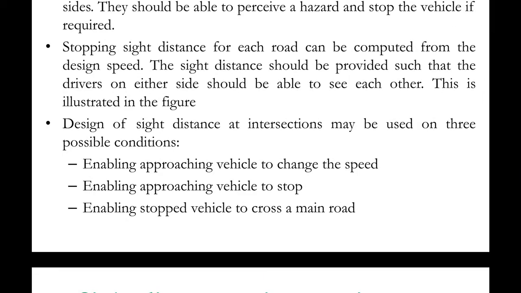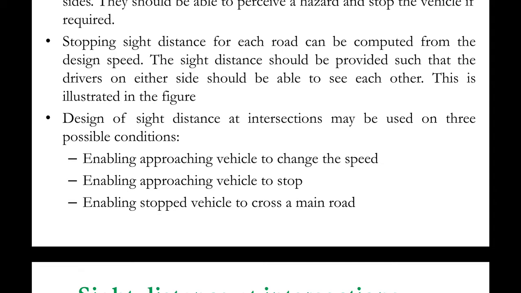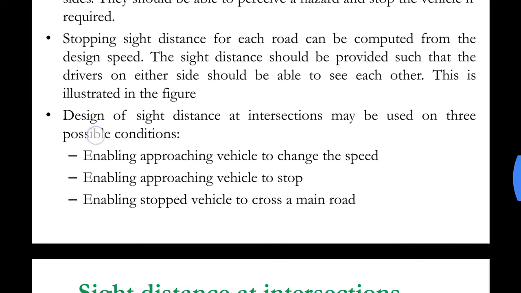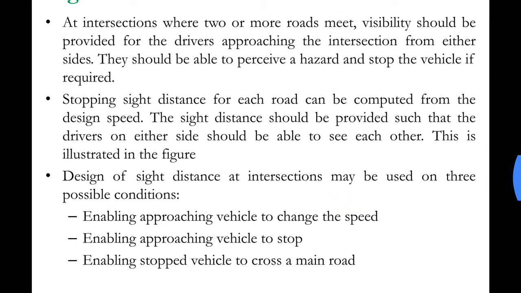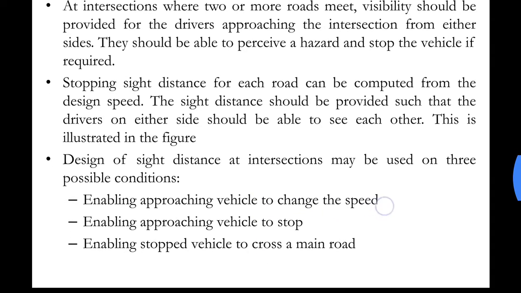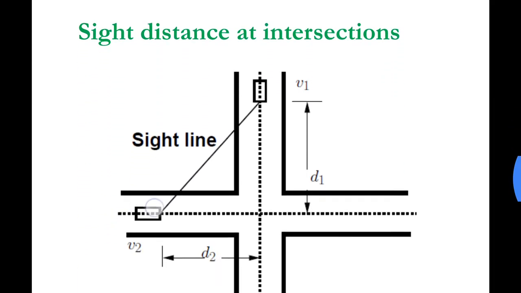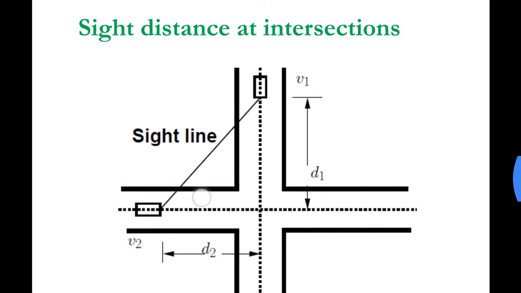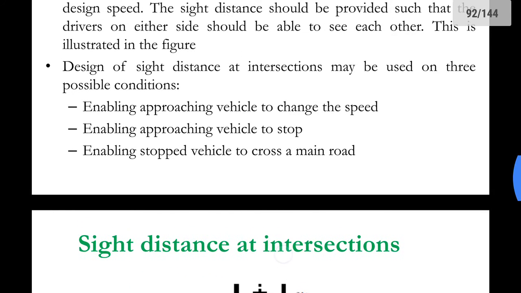Now we need to design the sight distance at intersections to be used on 3 possible conditions. There are 3 possible conditions that the sight distance needs to satisfy. What are those? Enabling the approaching vehicle to change the speed. This is the first condition. When this vehicle approaches the intersection, it should be able to change its speed, that is, lower its speed.